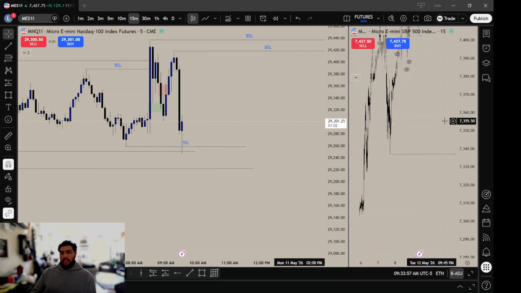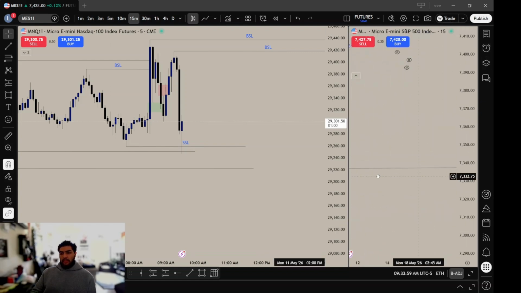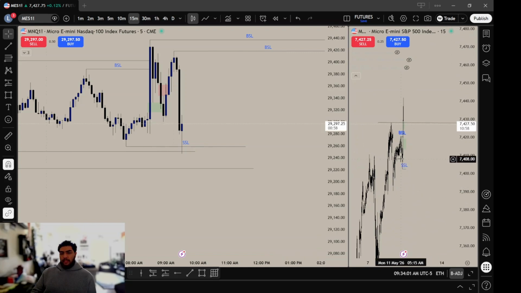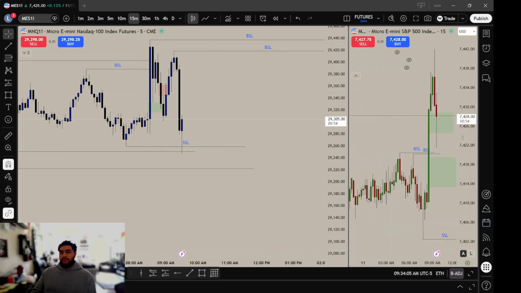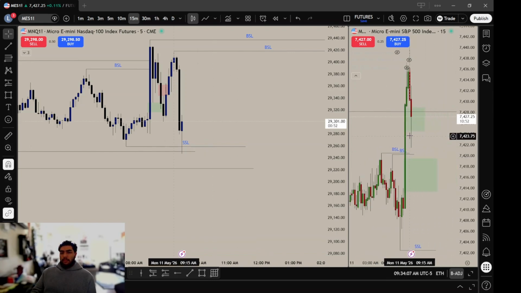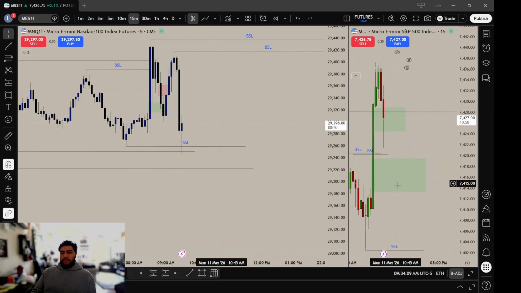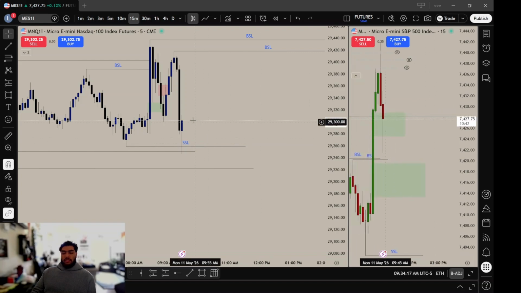Oh wait, no, previous day low is right here. I don't think we're gonna take that out. But yeah, dump into this 15-minute fair value gap, which is humongous on ES right here, and probably gonna keep going higher after that. And then we'll see what happens with this.